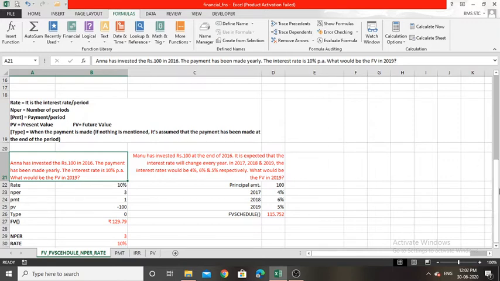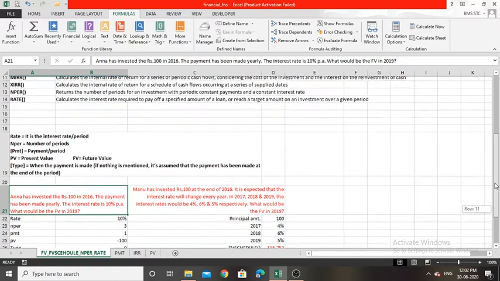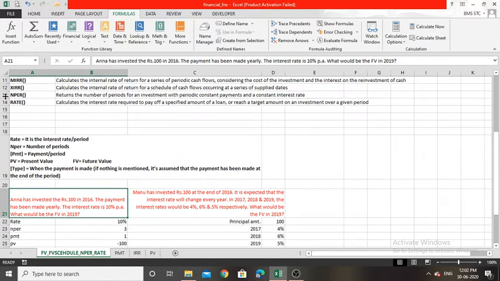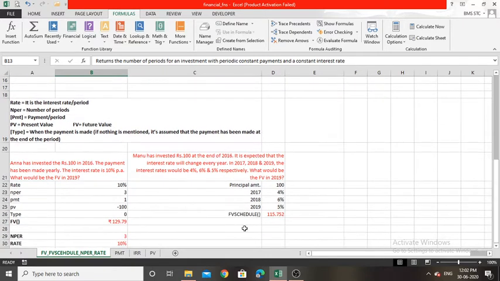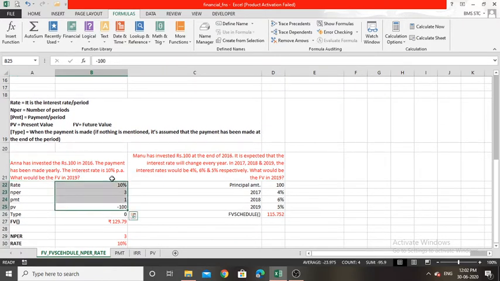Okay, the solution. Next, we are going to learn about NPER. NPER returns the number of periods for an investment with periodic constant payments and a constant interest rate. Here also we are using the same values and the same question so that we can compare. That's why I illustrated the same example here. For NPER we have to find the number of periods.